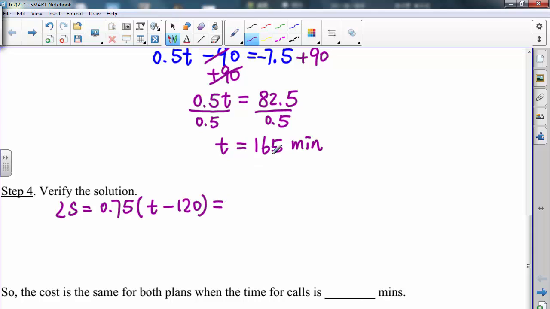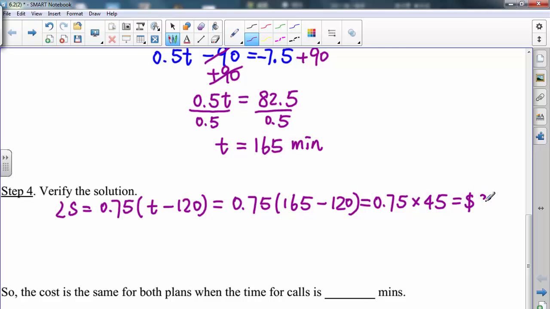If the t value is 165, I replace this t with 165 minus 120. 165 minus 120, this one is 45. So 0.75 times 45, we will get $33.75.